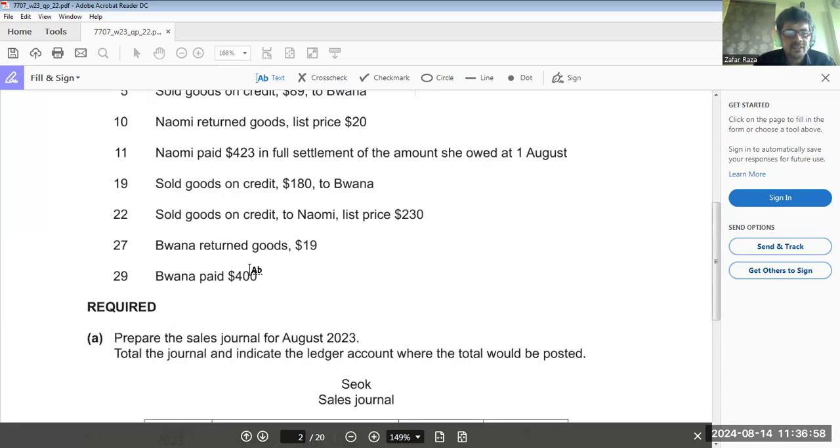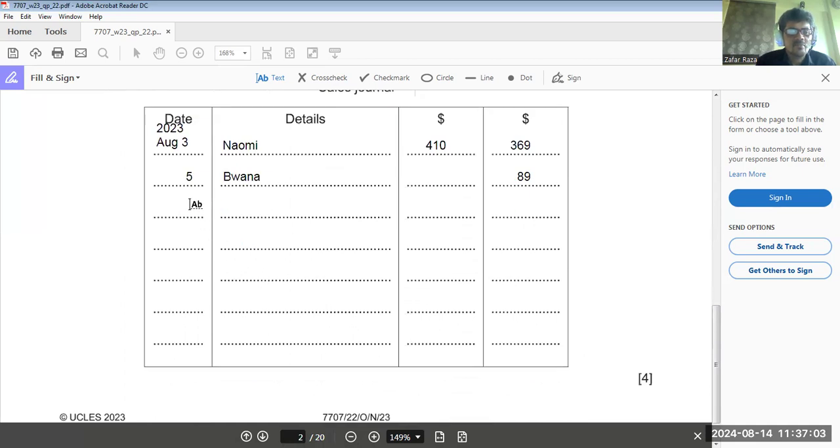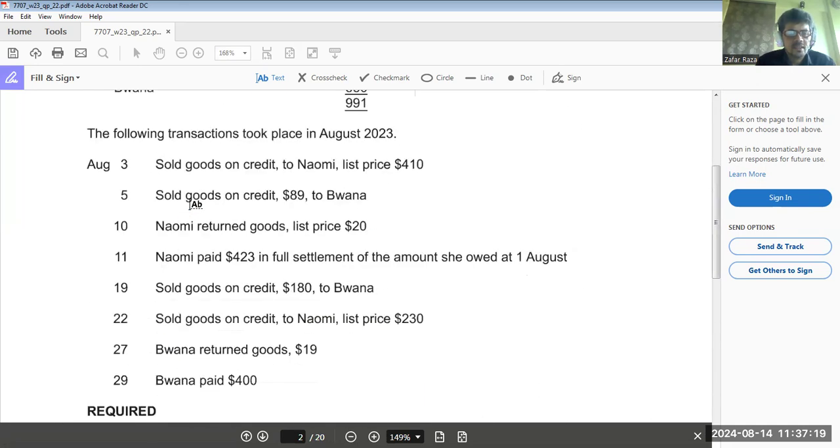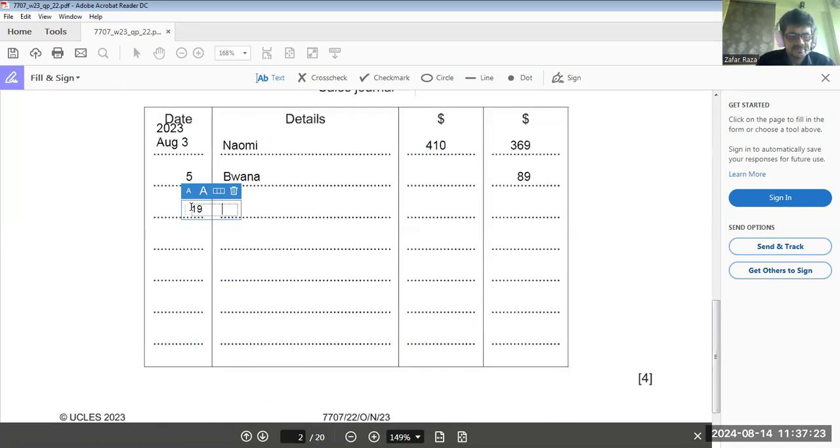Again, it's a transaction of the sales journal on 19. The name of Bhavana again and $180.